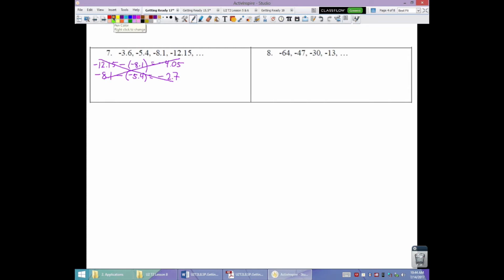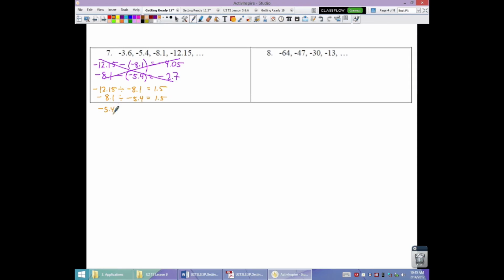Okay, then let's check to see if it's geometric. Negative 12.15, and we would divide that by negative 8.1, and that's 1.5. Negative 8.1 divided by negative 5.4 is also 1.5.